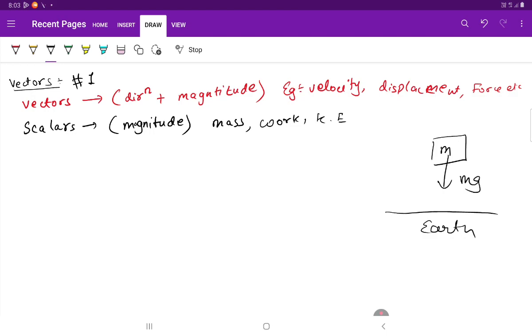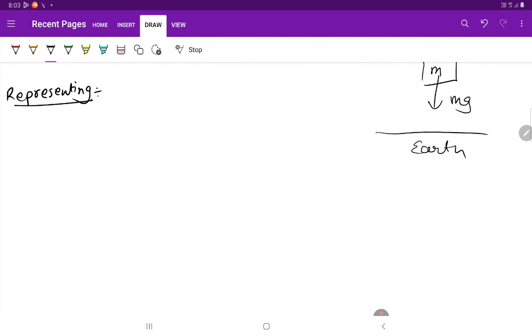Now coming to representation of vectors. To represent a vector, what we do is, the vector generally has two components. First is the tail and a head. A vector points its direction from the tail towards the head.